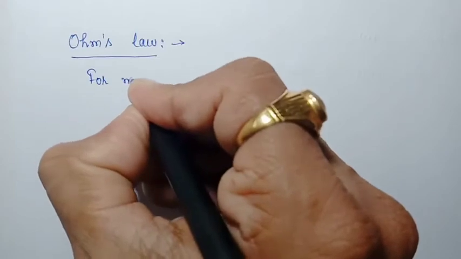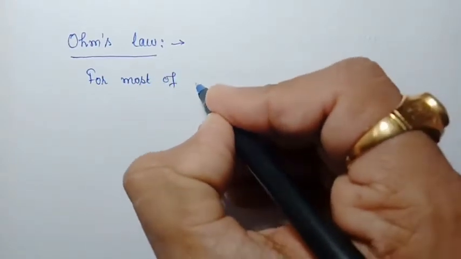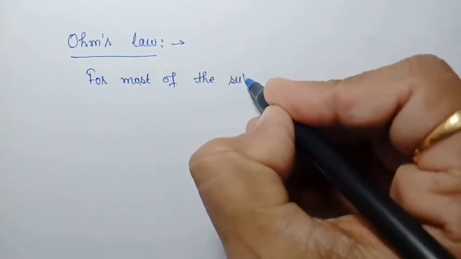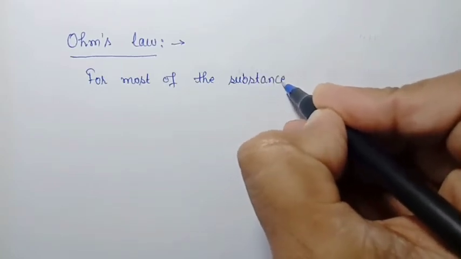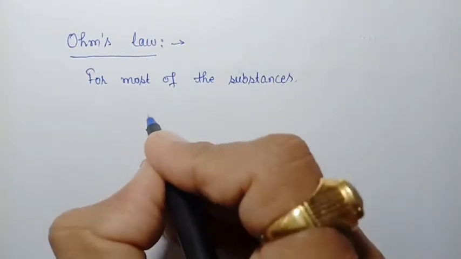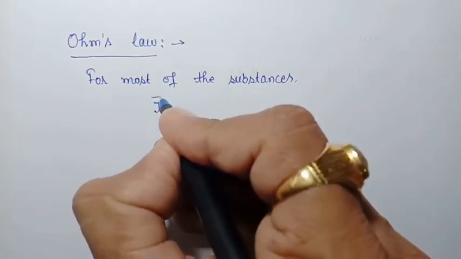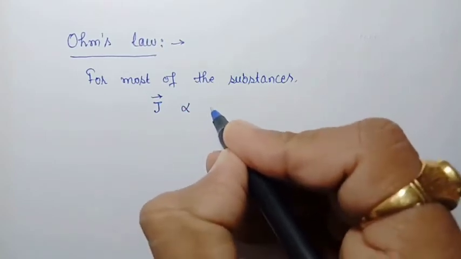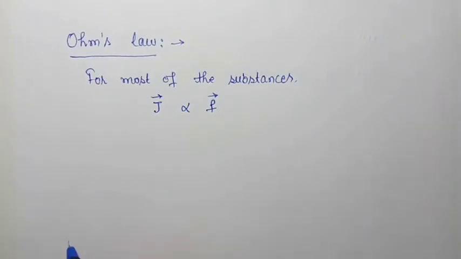For most of the substances, the current density, that is J, that is volume current density, is directly proportional to f.